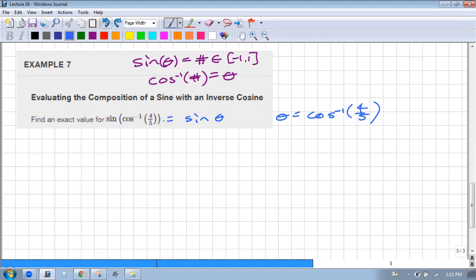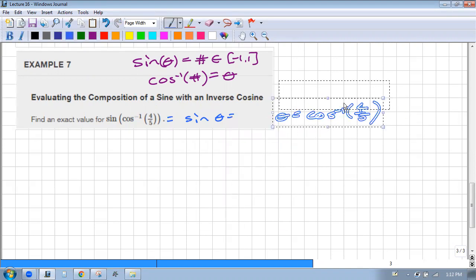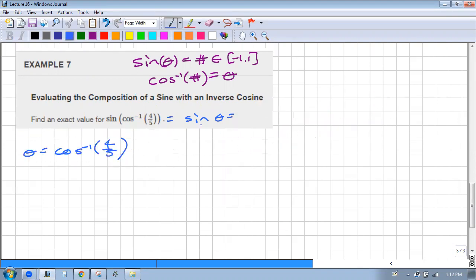All right. So this is theta. We'll just call it theta for now. I don't care what it is. I want to know what sine of theta is. Well, this tells me that cosine of whatever the angle is is 4/5.